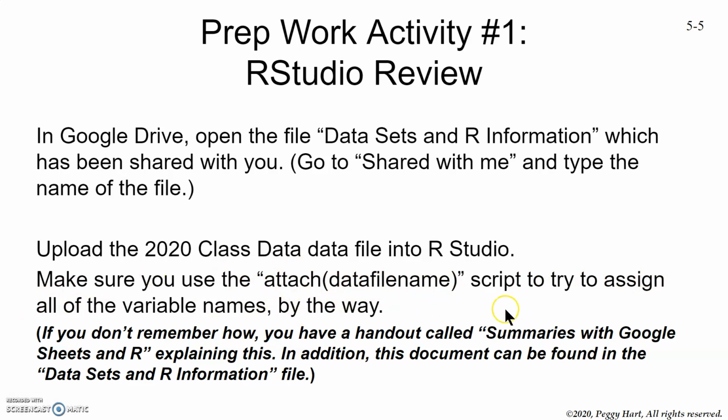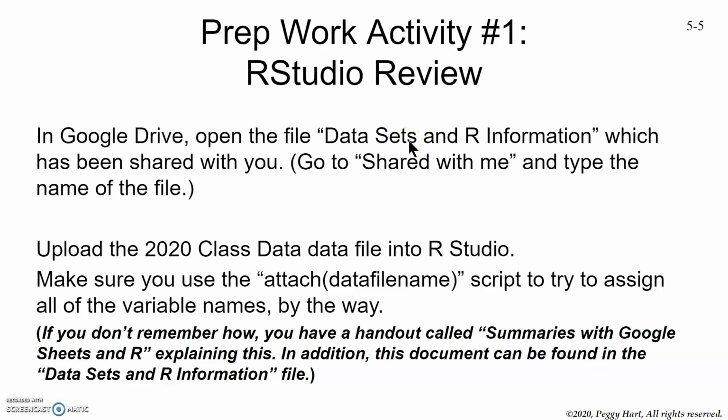So you're going to go through the stuff that we did the very first day we went through RStudio. If you don't remember how to do this, you have a handout called Summaries with Google Sheets and R, explaining all of it, including how to upload into RStudio. I believe all of you were able to do this in class. If you don't have that document, it can be found in the same file you were just in.